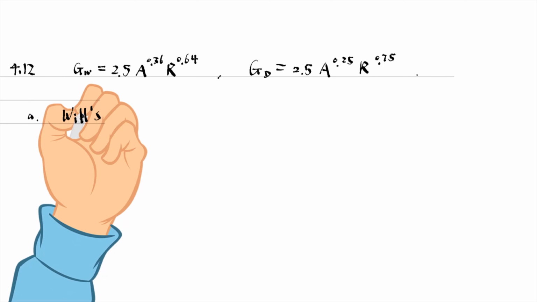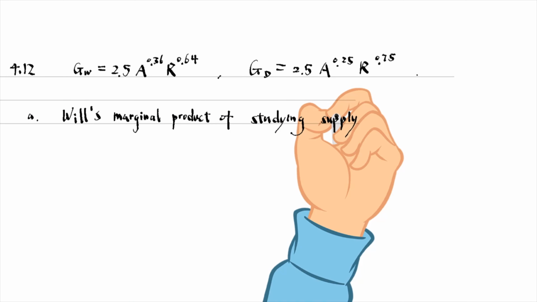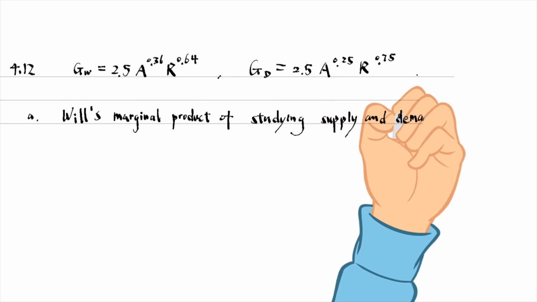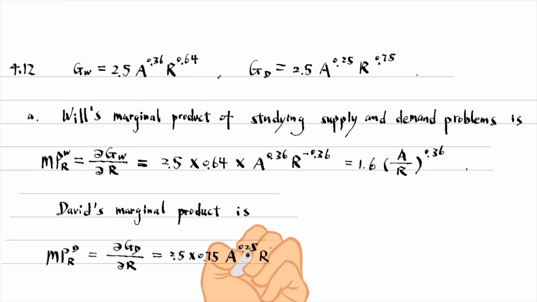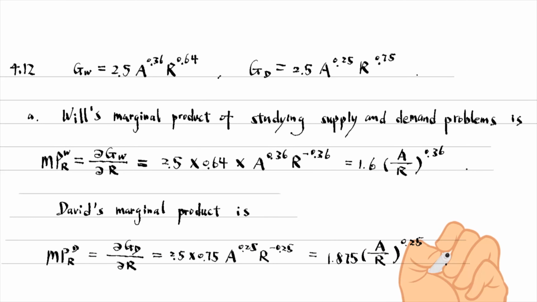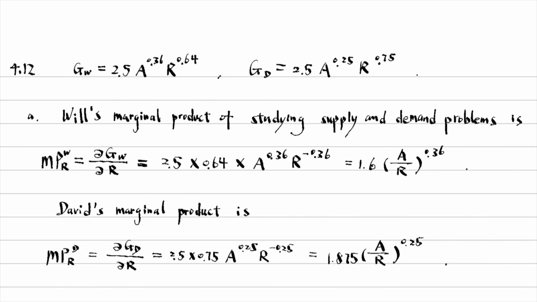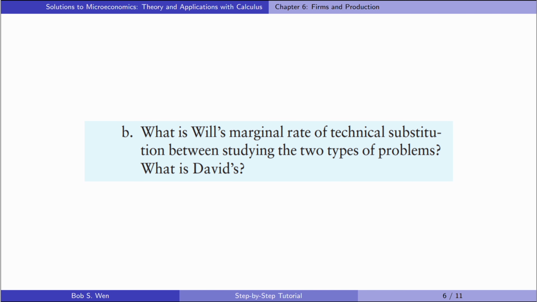Will's marginal product of studying supply and demand problems is the derivative of the total product with respect to the input R. Similarly, we obtain David's marginal product of R. In Part B, what is Will's marginal rate of technical substitution between studying the two types of problems?